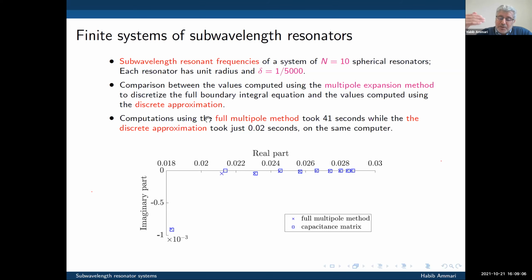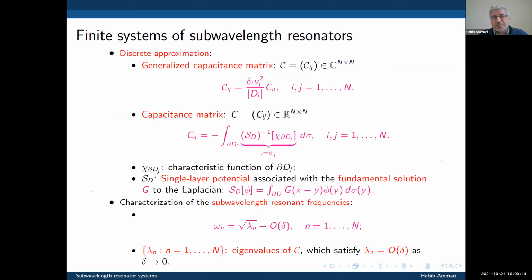So our discrete approximation is based on this capacitance matrix formalism or concept. So let me introduce you to this. So let's denote C, this generalized capacitance matrix with entries given by this. So Cij here are obtained by inverting the single layer potential, which is this convolution operator with the fundamental solution of the Laplacian.